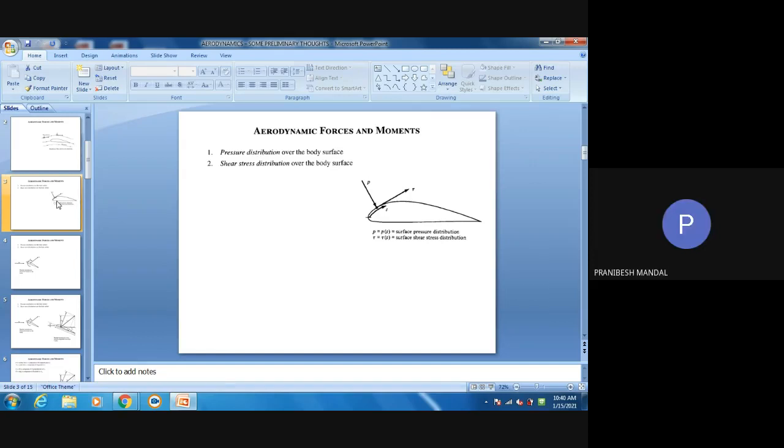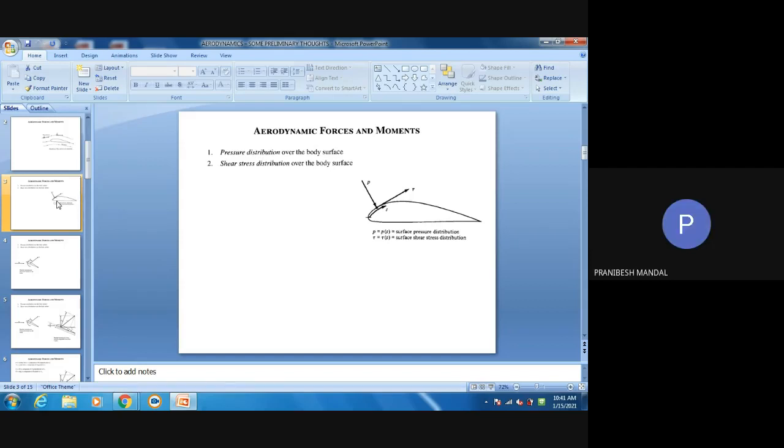Now, one thing you can be sure is that whenever an object is having some relative motion with air, there are only two ways of applying force on the body surface. One is called pressure and one is called shear stress.